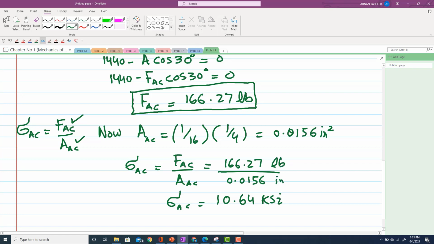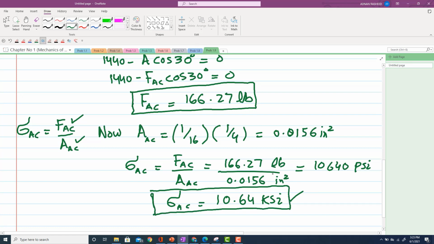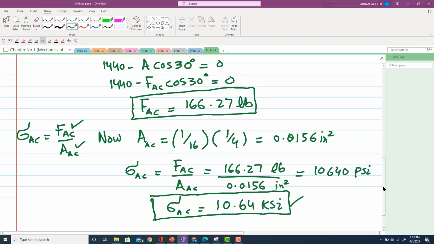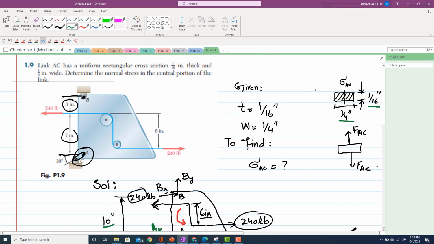So this will give you pound per square inch. If you calculate this value, that will give you 10640 PSI, pound per square inch. Okay, so if you reduce it, that will give you 10.64 KSI. So this is the stress that will be generated in the mid of this cross-sectional area.